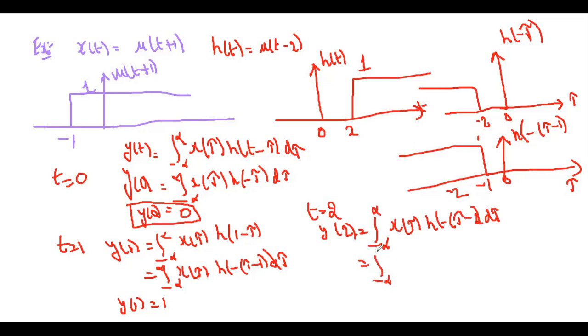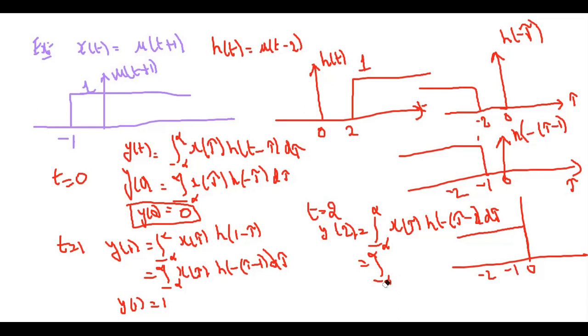The x of tau value is the same, from minus 1, and now h extends up to the value of 0. So overlapping occurs from minus 1 to 0.